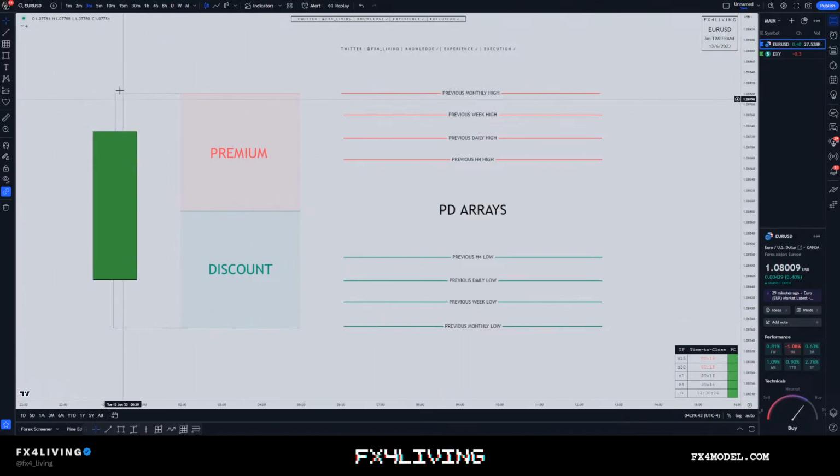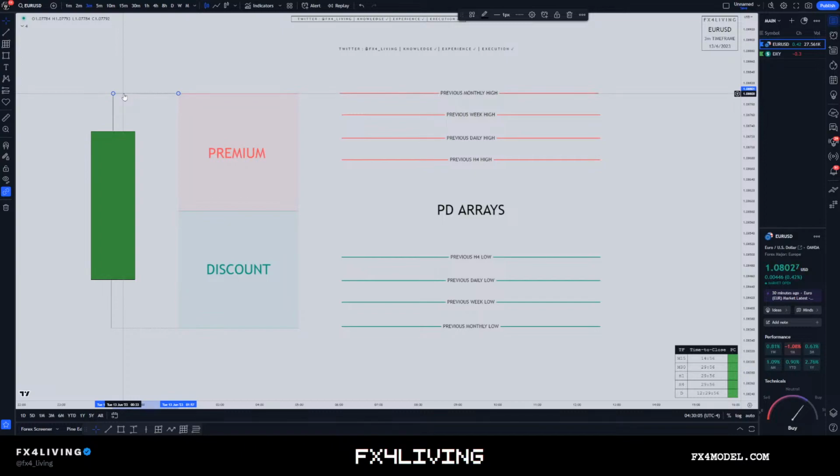So look, this is your previous daily high. That was a bullish candle, right? Previous daily high is a PD array. This line here is your previous daily high, and it's a premium PD array.